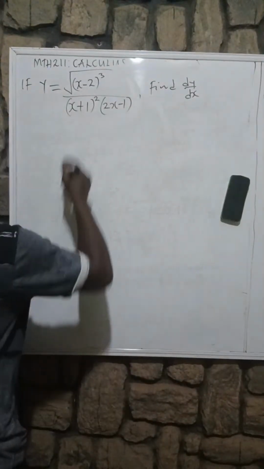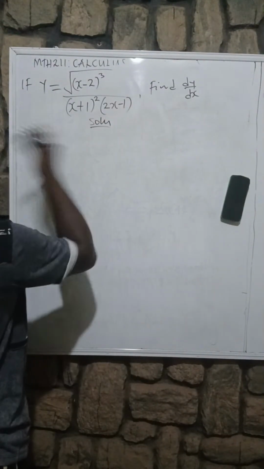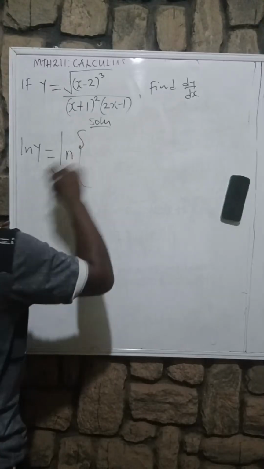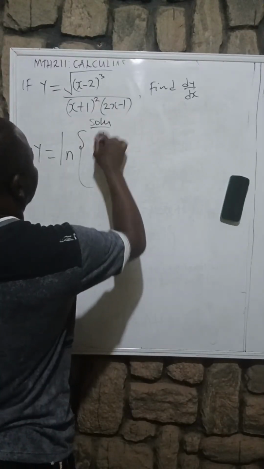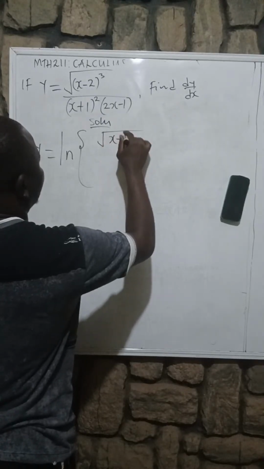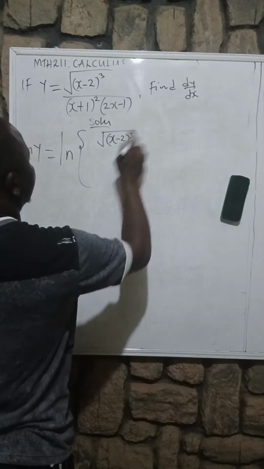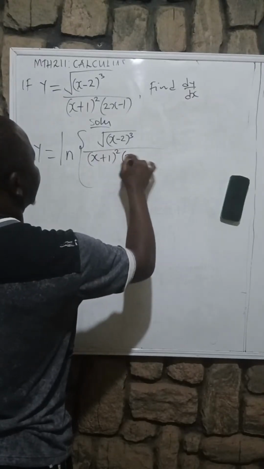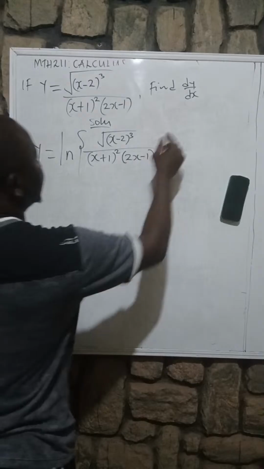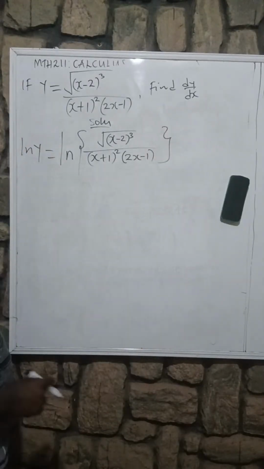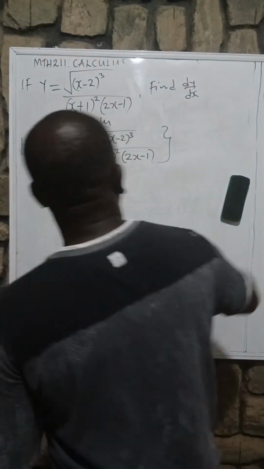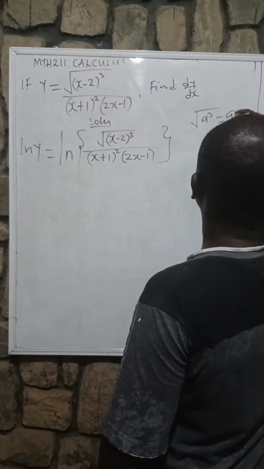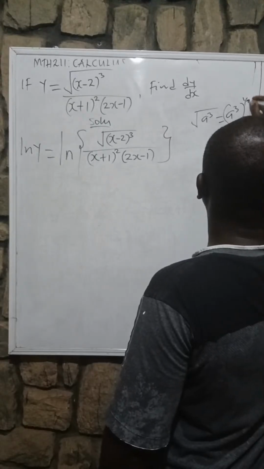So what we are going to do, we take log on both sides. When we take log, we are going to have ln y equals ln of the square root of (x minus 2), all raised to the power of what? 3, all over (x plus 1) all squared times (2x minus 1). Then close the bracket. So assuming we have a raised to the power 3, the square root of a is the same as a raised to the power 3, raised to the power of 1 over 2.